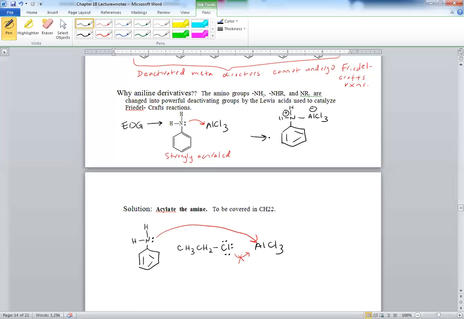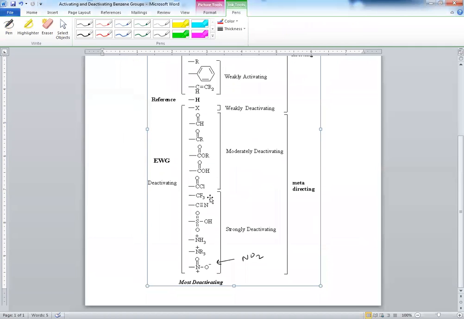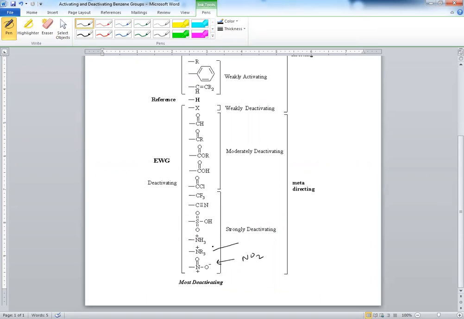I always say this to students: try to understand rather than just memorize. If you look here, this is negative and this is positive. And the question is then, what has become of this group right here? It's an N with 3 bonds and there's a positive charge. Well, what has it become? Strongly deactivating.